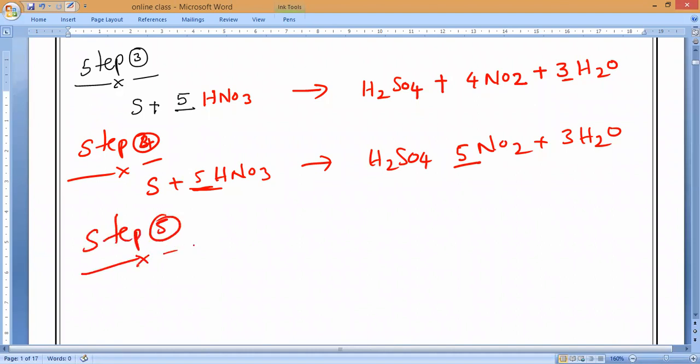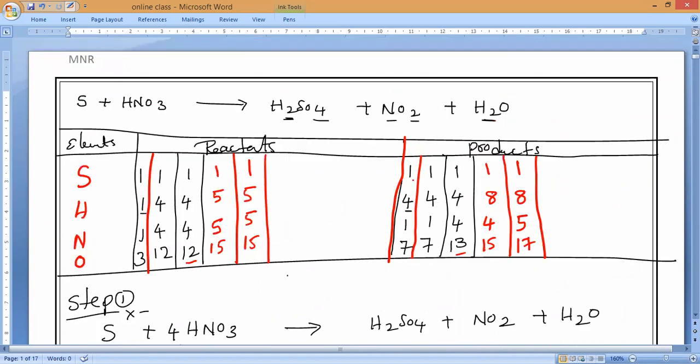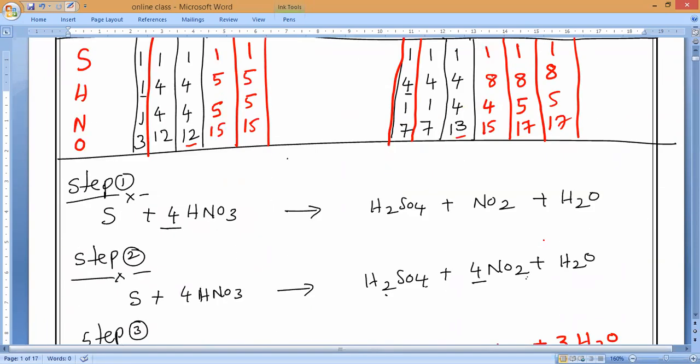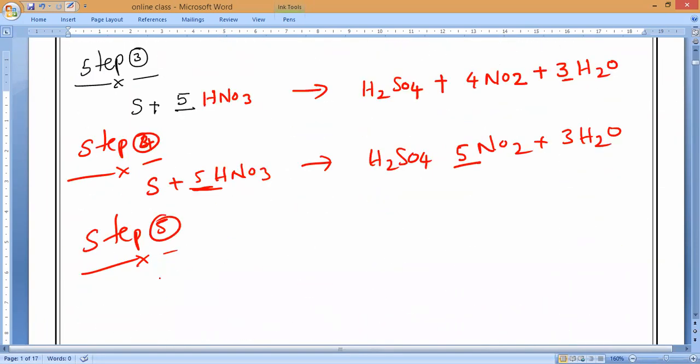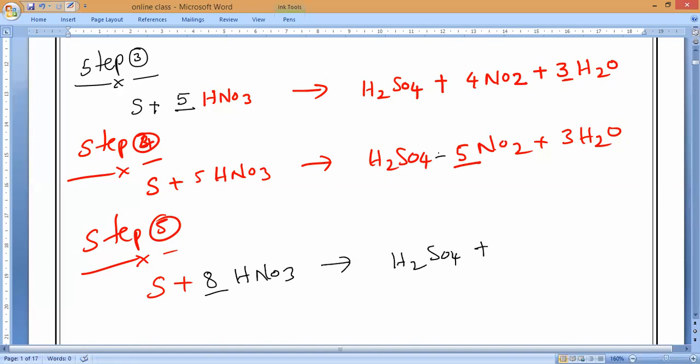So step 5. What will come in step 5? No change in the product side: 1, 8, 5, 17. In the reactant side, instead of 5, we can change it to 8. So it will become 8HNO3 gives you H2SO4 plus 5NO2 plus 3H2O.